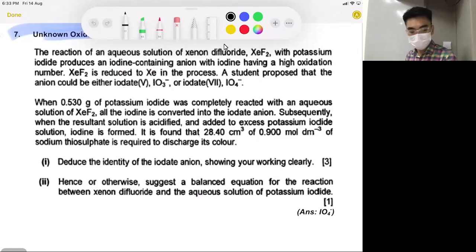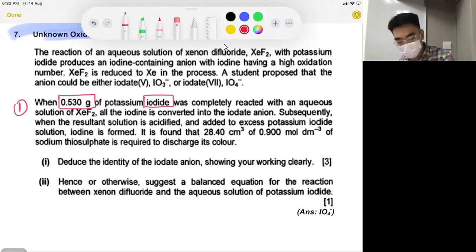I will just use color coding here so that you read the passage together with me. Number 1, they say the 0.53 grams of iodide is converted to iodate.